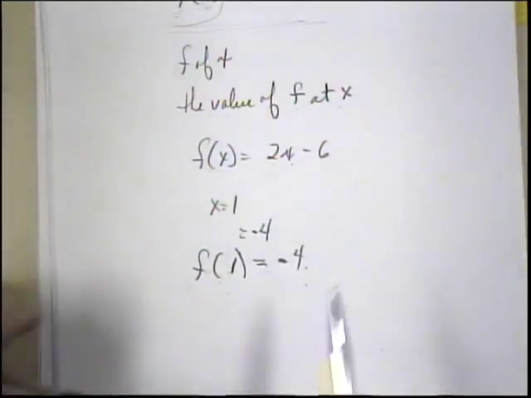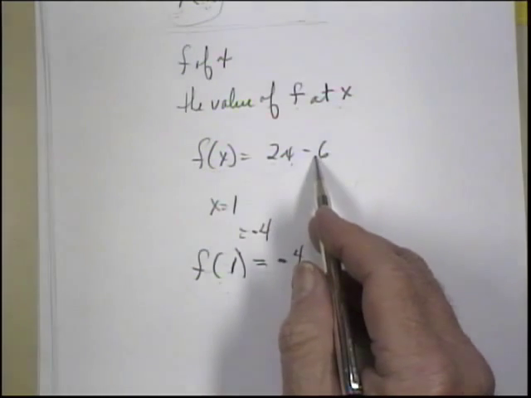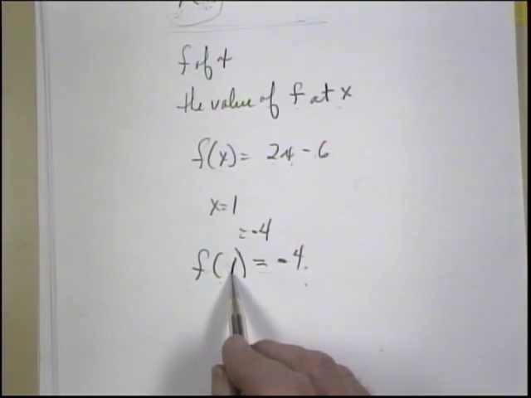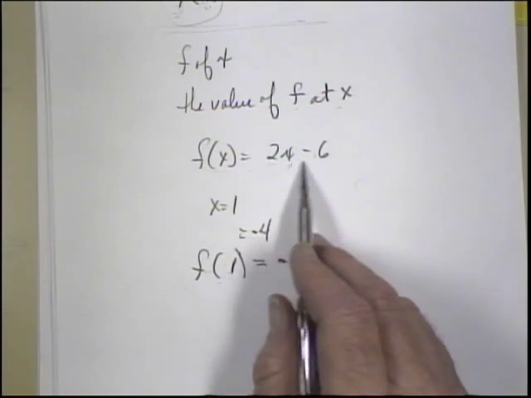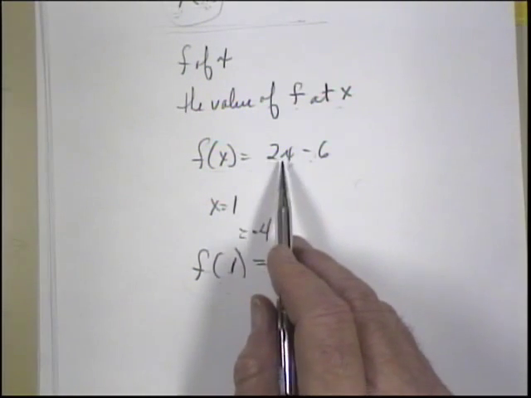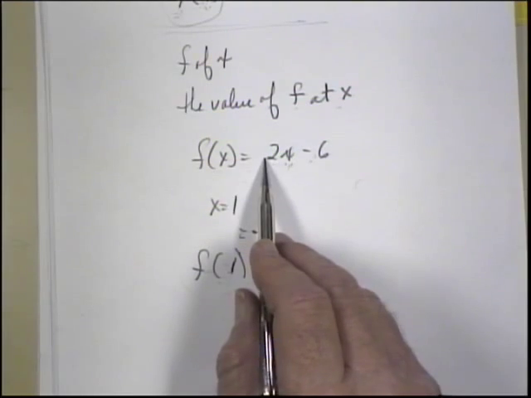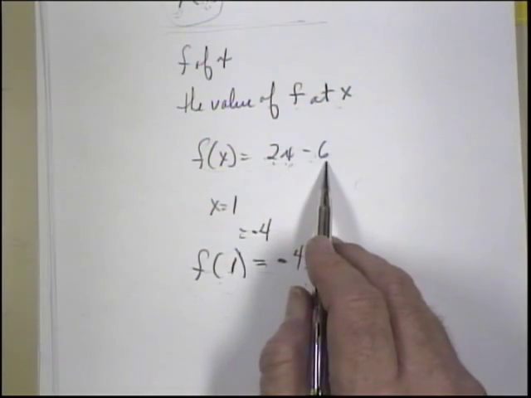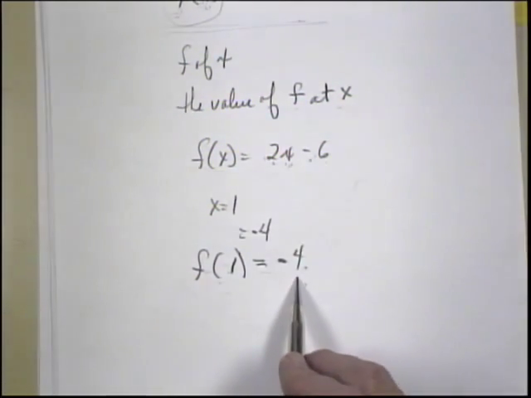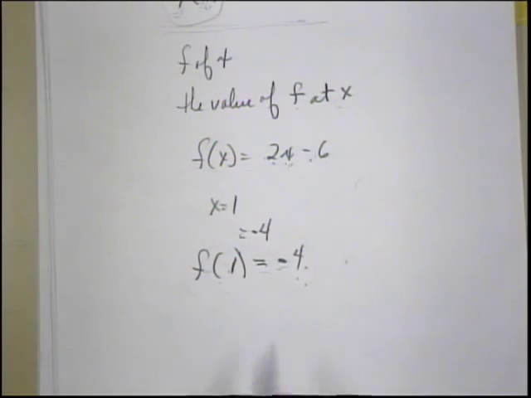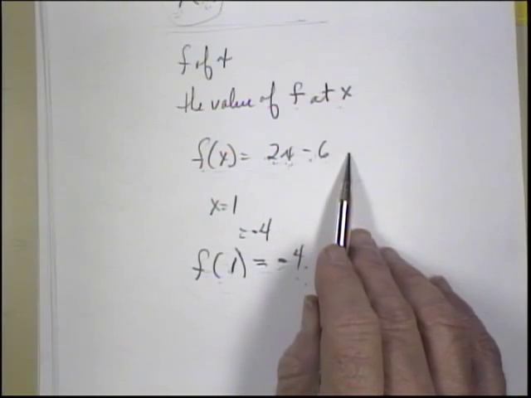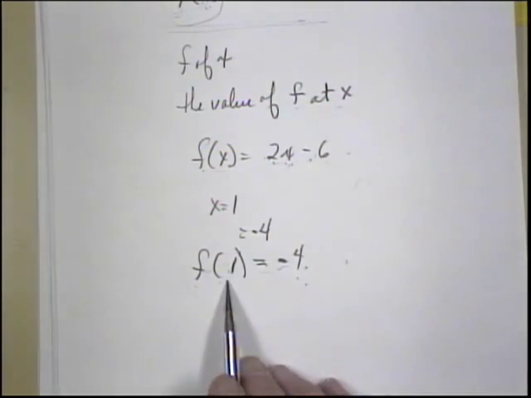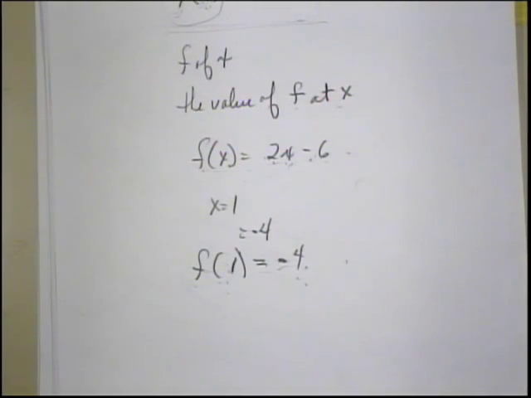f of x equals 2x minus 6. So if we put a 1 here, it means we substitute the 1 for our x, do the calculation, and we get 1 times 2 is 2, minus 6 is minus 4. So f of 1 equals minus 4. If f of x equals 2x minus 6, f of 1 equals minus 4.